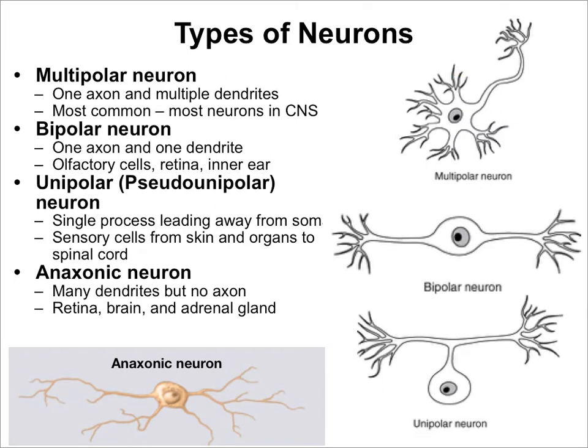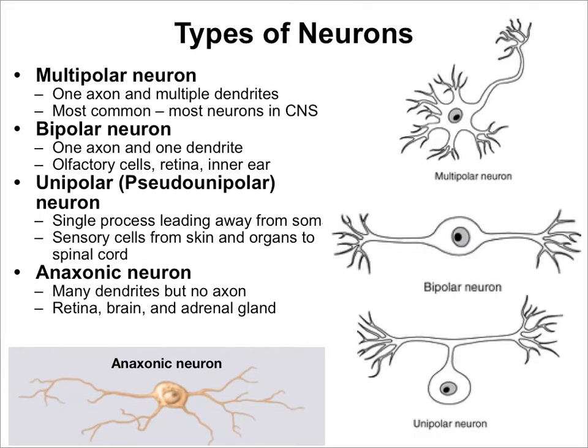In this case, polar refers to how many projections come off from the soma. Here, we see lots of projections coming off from the soma. You've got a dendrite branch here, more dendrites here, more dendrites here, more dendrites here, and the axon over here. They'll have one axon, and usually lots of dendrites coming off of them.